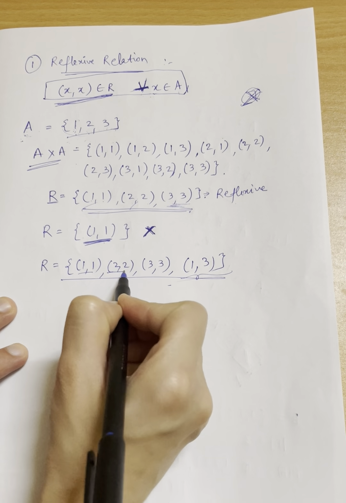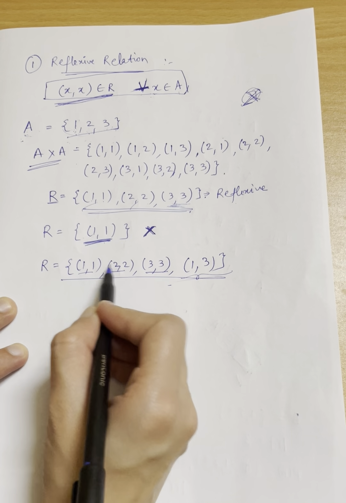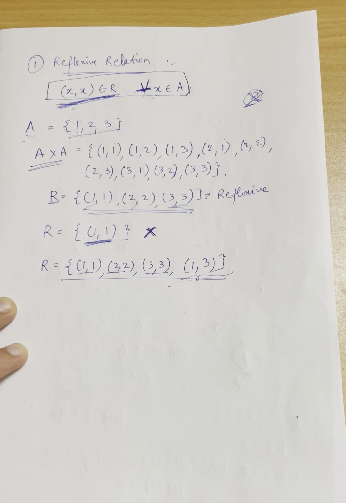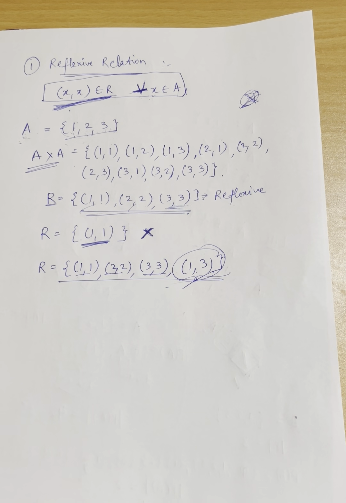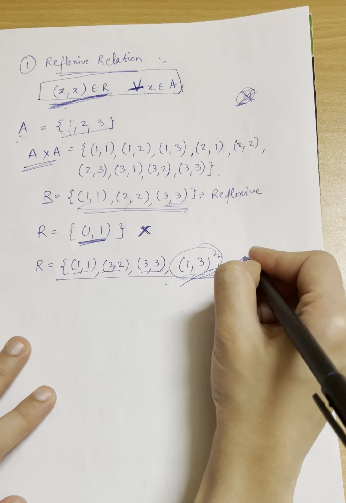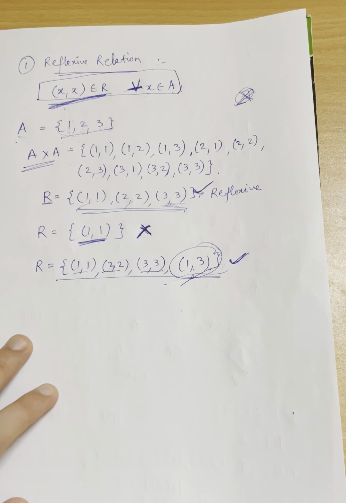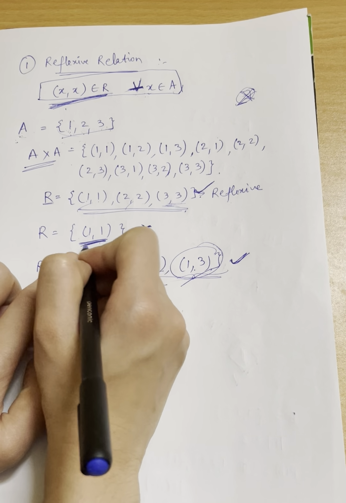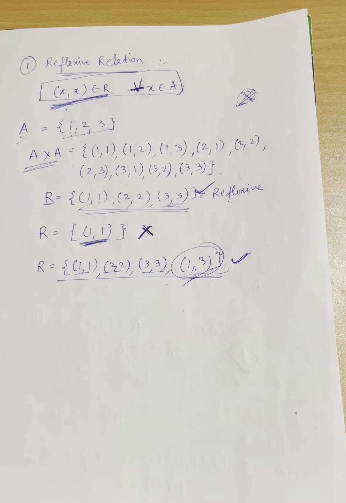So (1,1), (2,2), (3,3): all the elements present in set A have a pair with the same value. It satisfies this condition. So no matter whether (1,3) or any other pair is present or not, yes, this is reflexive, but the earlier one is not reflexive. It violates the for all condition. Okay, this is reflexive, this is reflexive.